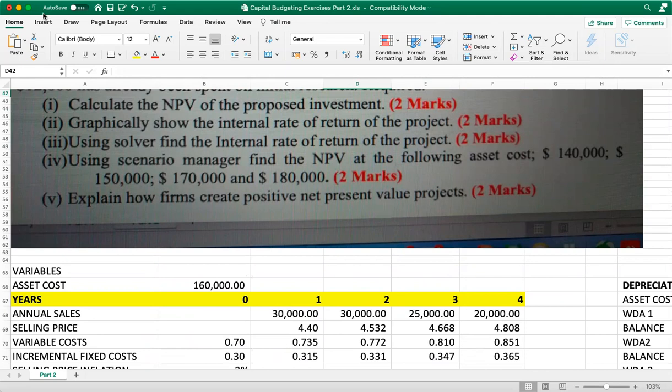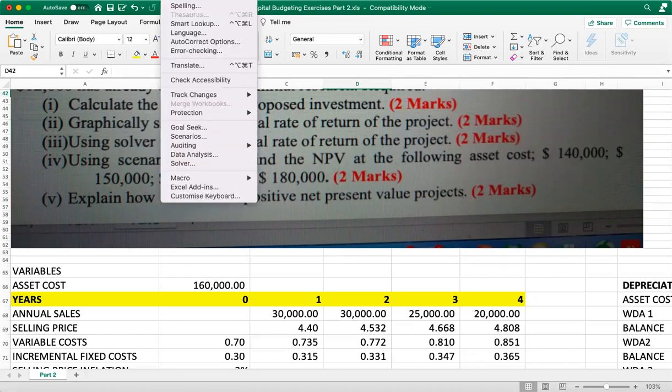So it's the same. You go to tools, Solver.